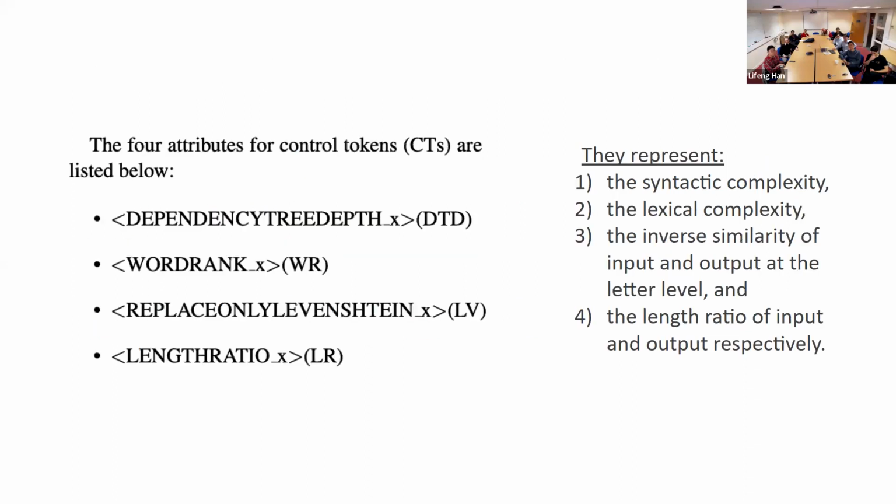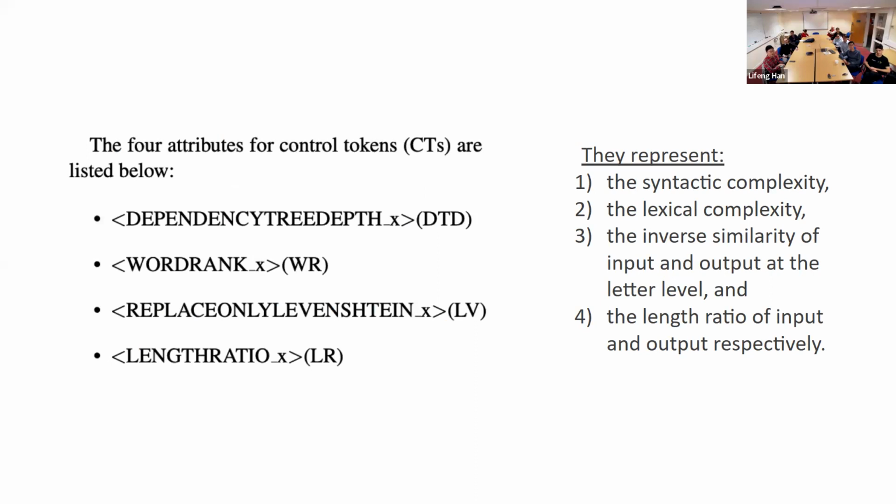So the control token mechanism is kind of like a numeric prompt. We follow the design of MUSS and have four control tokens, which are called dependency tree depth and word rank, and replace only the levenshtein distance. The last one is length ratio.